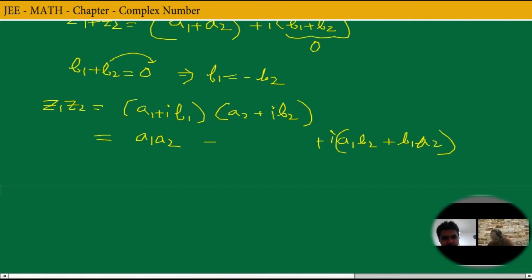IB1 into IB2. So we basically get I square B1 B2, right? Can you tell me the value of I square?